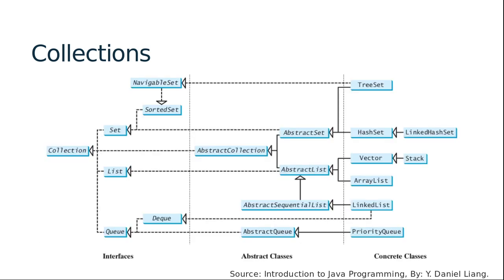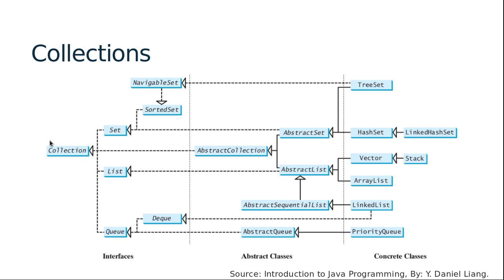This is the hierarchical structure which the collection framework has in Java. If you look here, it has a number of interfaces, a number of abstract classes, and concrete classes also.